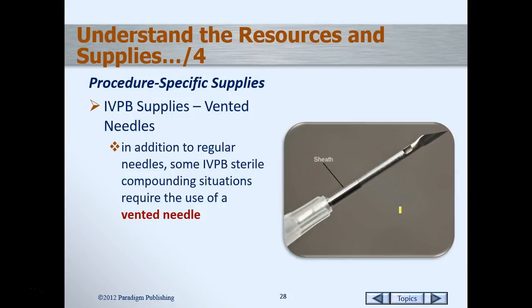Another method used to reconstitute is using a vented needle. Vented needles have a sheath in addition to the regular needle. These also don't have that open spot at the top like a regular needle. It's like a razor. The opening is actually in the shaft of the needle.